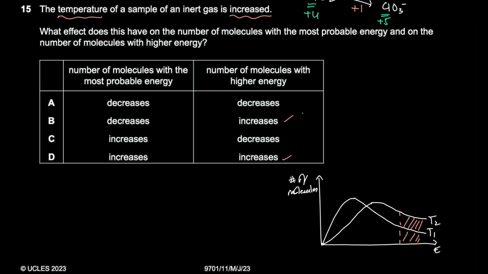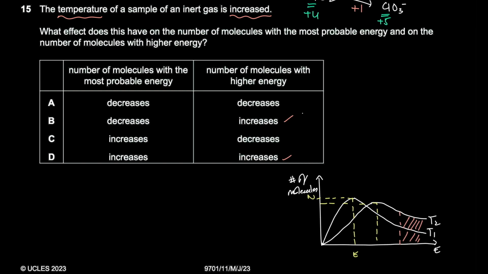Now the most probable energy is the energy at which we have the greatest number of molecules. So at this energy, the number of molecules is this. And when the temperature is increased, the number of molecules with the most probable energy decreases.